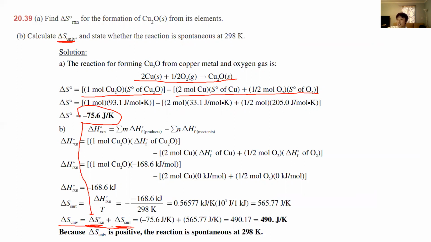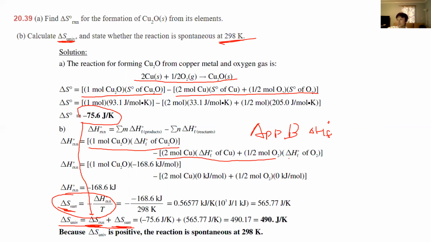For delta S of surroundings, again, we use this equation. To calculate the delta S surroundings, we need to know the delta H of the reaction. The temperature is given here. So all we need to do is use appendix B to find the delta H of the reaction. We use the heat of formation to find the delta H. This is the sum of the delta H of the products, minus the sum of the delta H of the reactants.